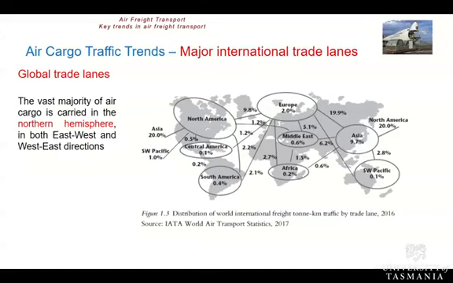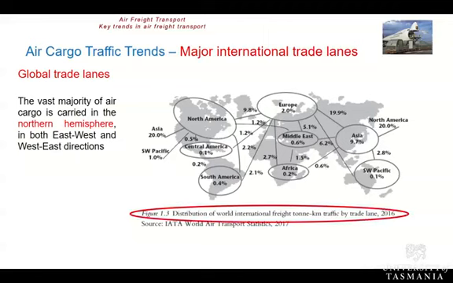This particular figure shows you the percentages of movement of air cargo between regions. What you see here is that the main regions are North America to Asia, Asia to North America. On that particular trade lane, 20% of the world's cargo is carried.